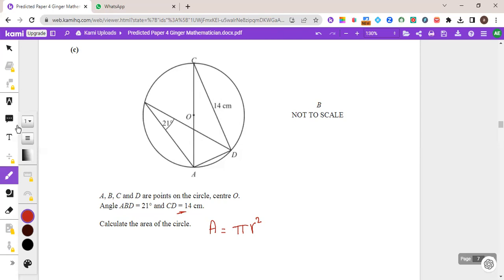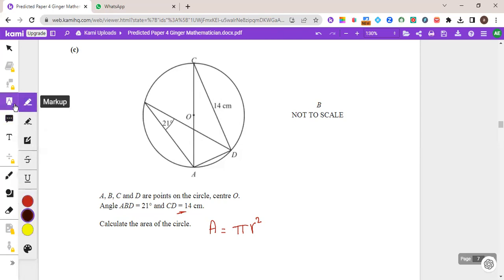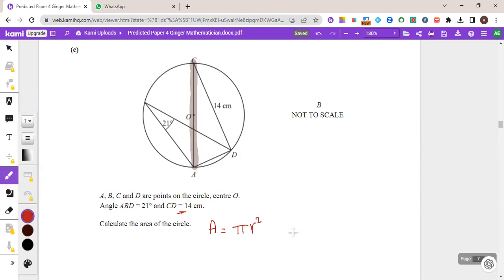So my target side is this one. That is the diameter. If I find this one and divide it by 2, I can know the radius, because AC is the diameter.